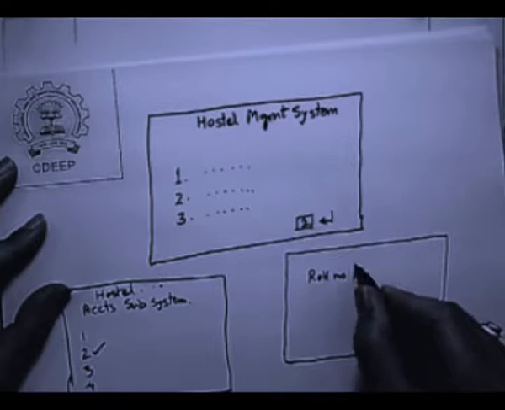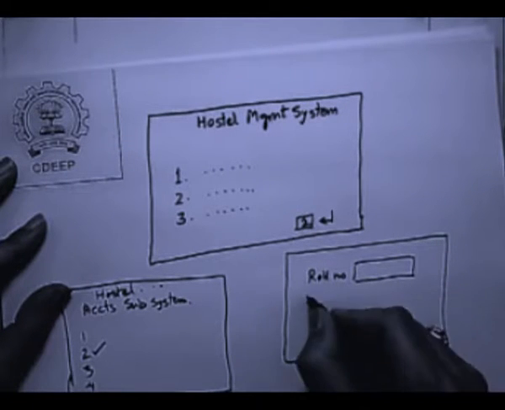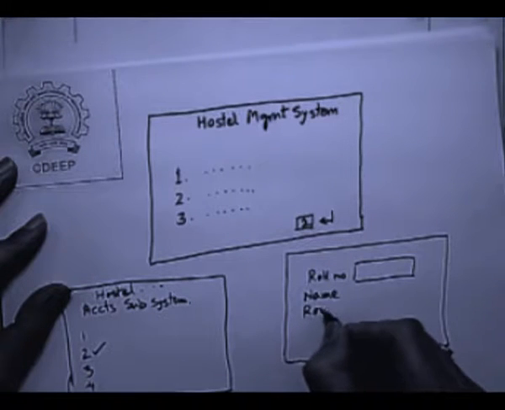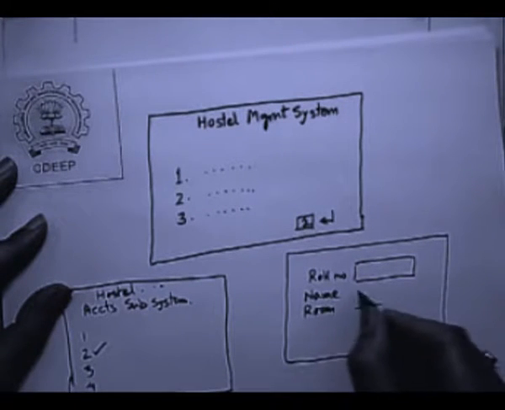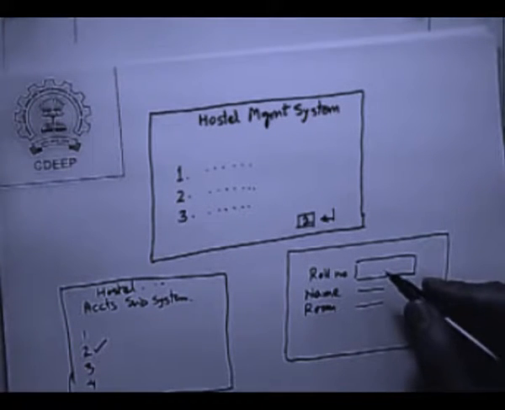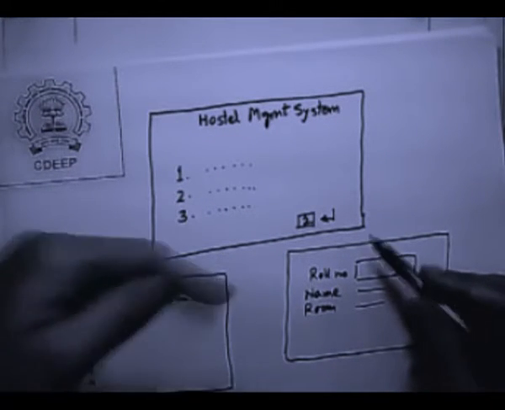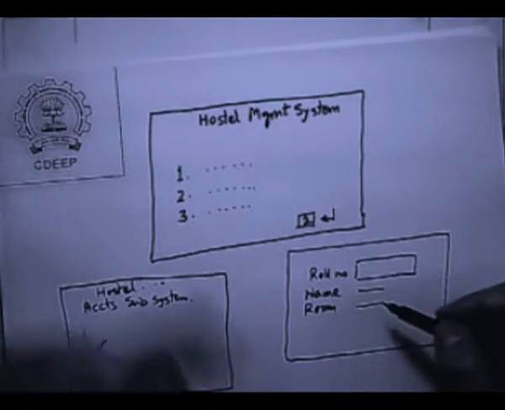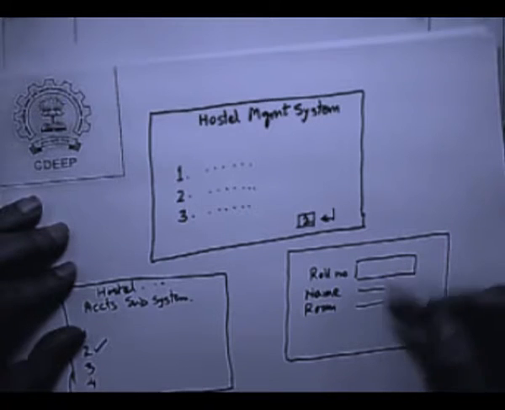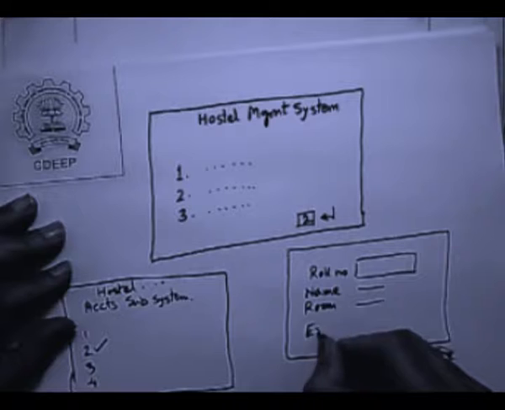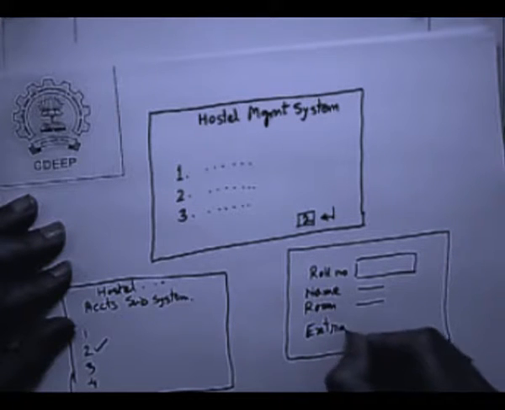You would expect that the moment you enter the roll number, the name of the student, the room number, etc. should come automatically. How will this come automatically? That is requirement. The functional requirement is that the moment in this screen I enter the roll number, the database should be looked at, the name should be picked up, room number should be picked up and should be displayed here. Then I might have something like extra amount to be paid this month.